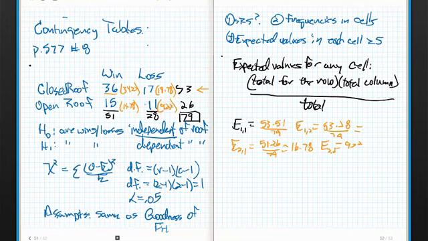9.22. Now, this chart is starting to look pretty nasty, so I'm just going to cheat. Chi-squared is equal to, now remember what I'm doing, observed minus expected, squared, divided by the expected.